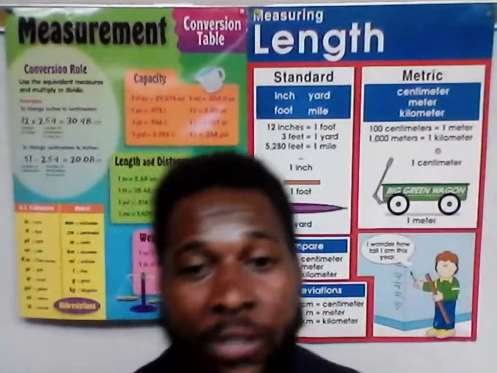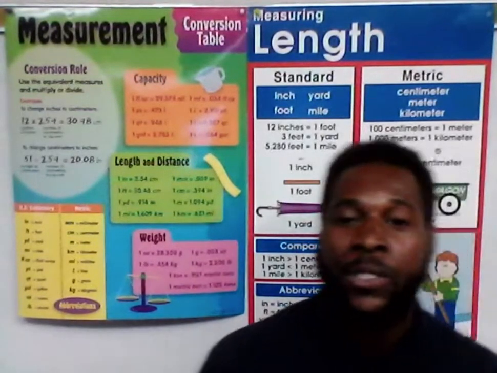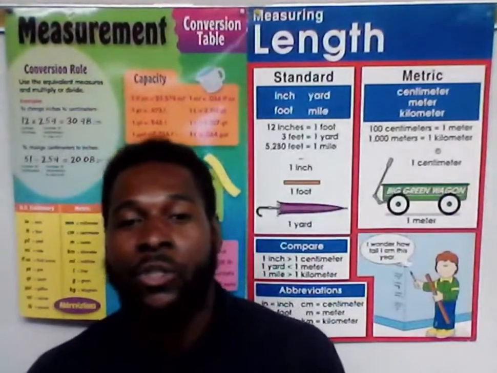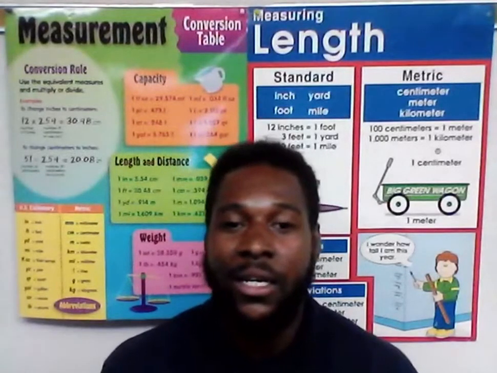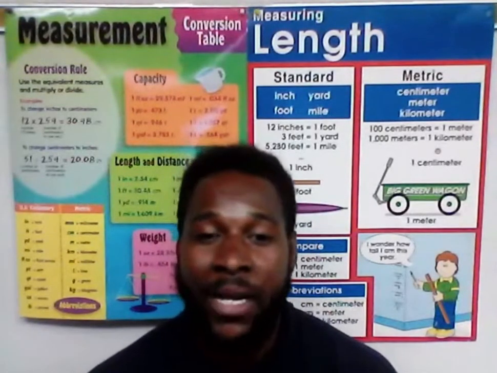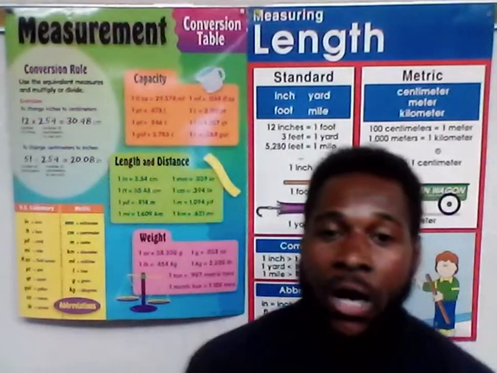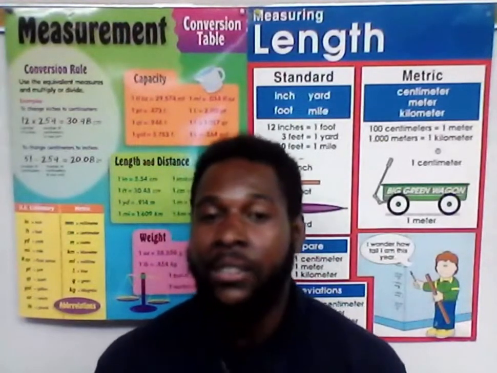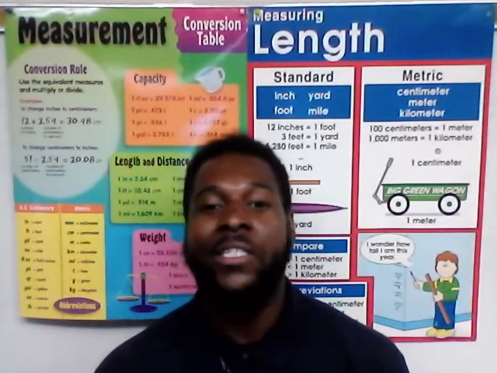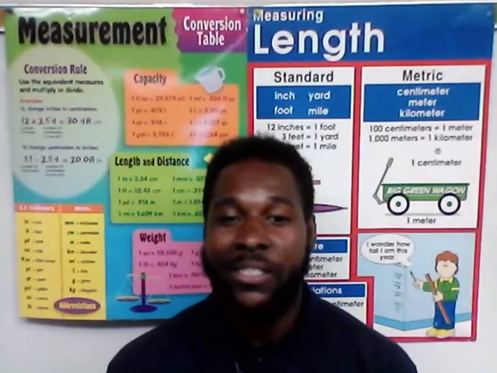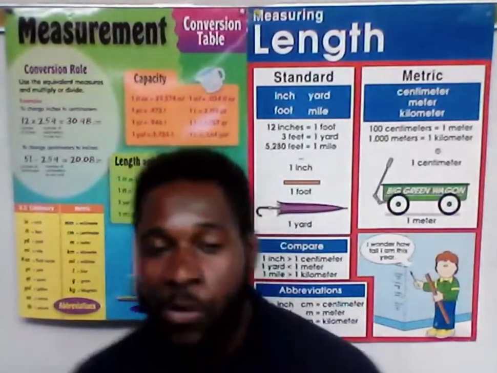Now that is the conversion. That is the difference between being in America and driving down the road and seeing there are 50 miles to your next destination, or being in another country like Mexico and seeing there are 76.5 kilometers to your next destination. Moving on.